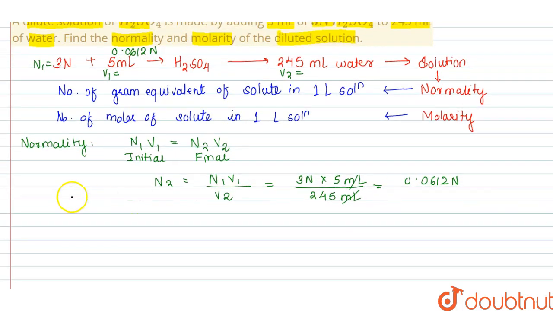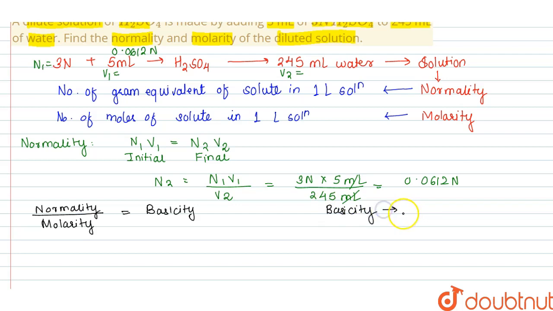So now we have a relation: normality upon molarity is equal to basicity. Now let's see what basicity is.